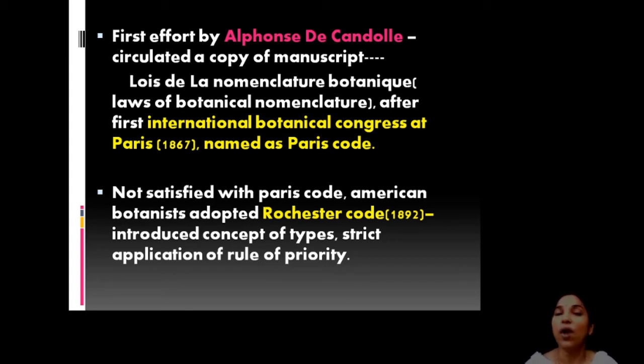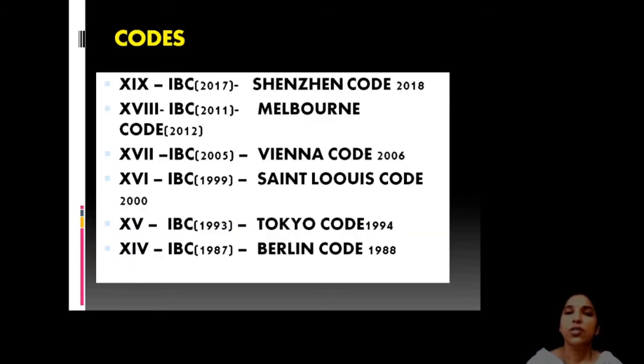These are meetings of international botanists and taxonomists for amendments, for changing the rules, or for reviewing. The first such meeting was at Paris, known as the Paris Code. The last one was in 2017 in Shenzhen, China. The meeting minutes and everything were converted into a book, the Shenzhen Code, published in 2018.